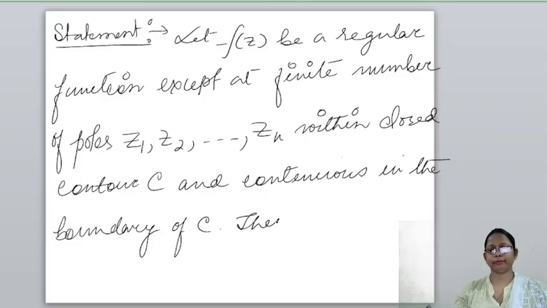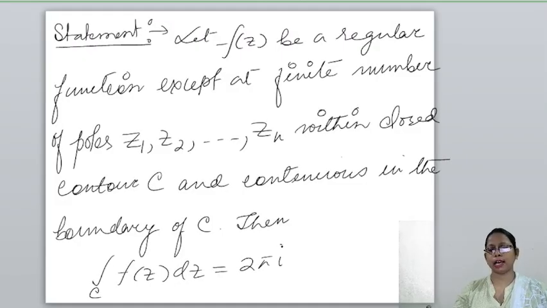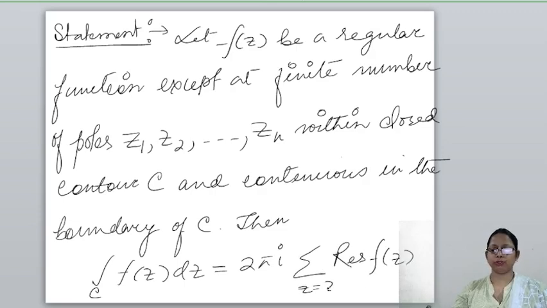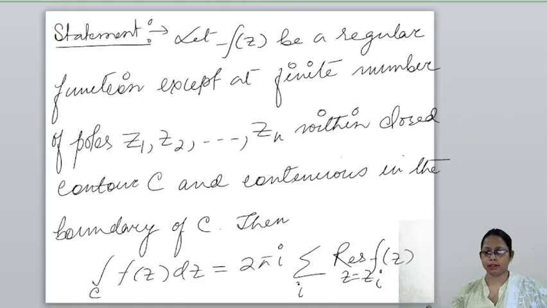Then the integral over C of f(z) dz is equal to 2 pi i times the summation of the residue of f(z) at z equal to zi, where i ranges from 1 to n.